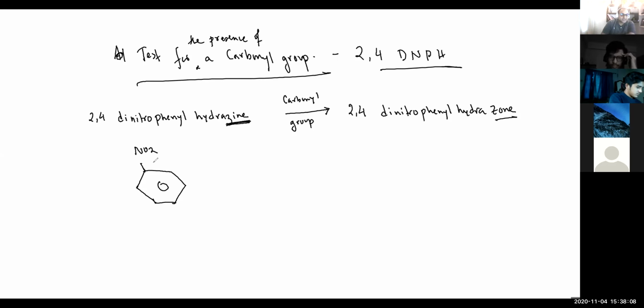Nitro means NO2, so there are substitutions at positions 2 and 4. Then the hydrazine part, NH NH2. If you add a carbonyl group to this, this portion is going to react with this portion.